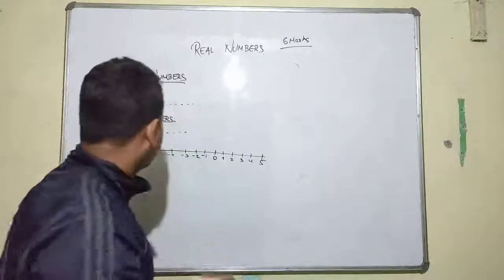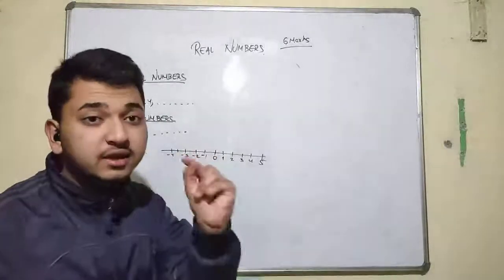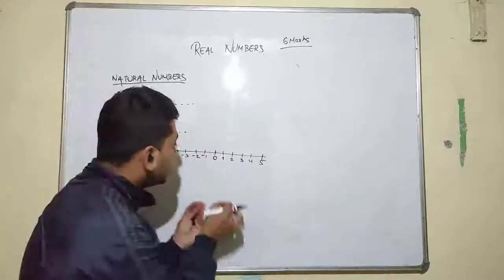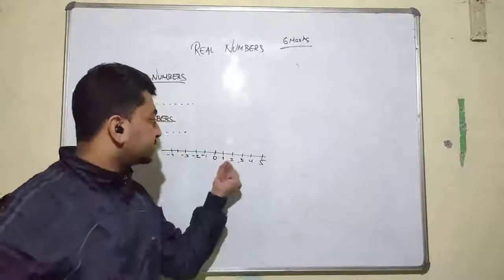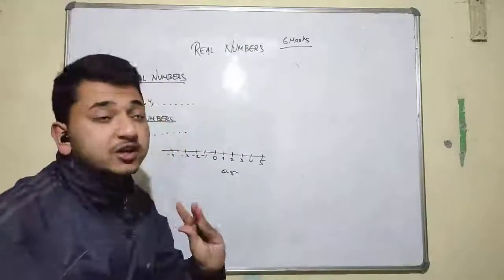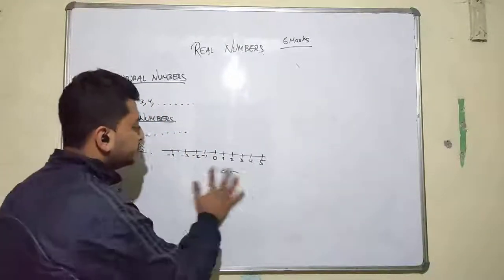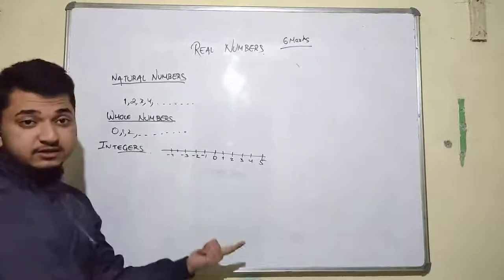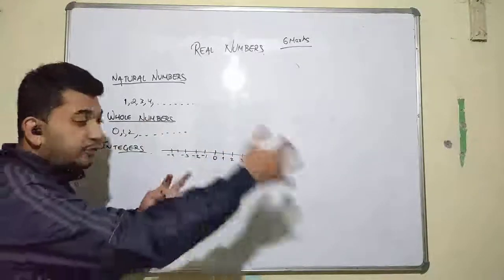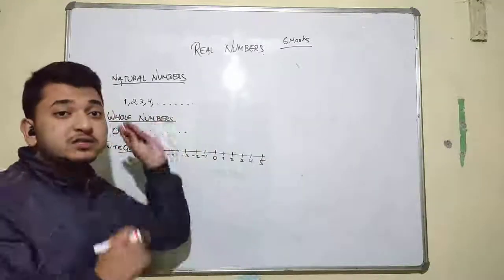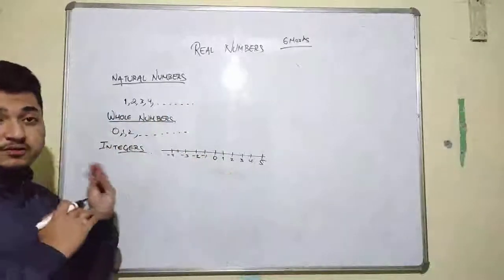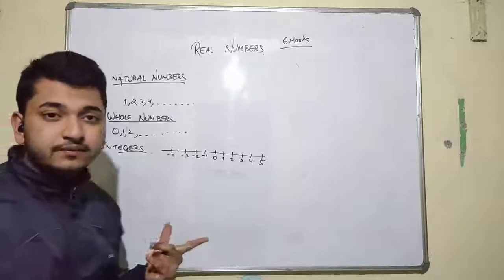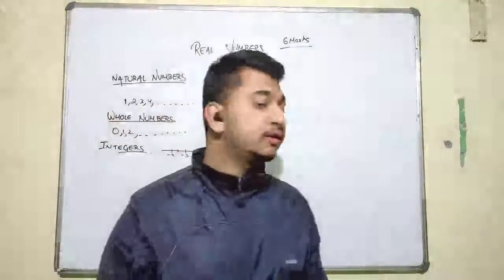But keep in mind, numbers in between don't come under integers. The number between 3 and 4 won't come. The number between 0 and 1, like 0.5, won't be termed an integer. Only the specific numbers will be termed integers. Negative to positive, but only the specific numbers, that is 1, 2, 3, 4, 5, minus 1, minus 2, minus 3, minus 4, and 0 itself, are your integers. I hope you are getting my point.